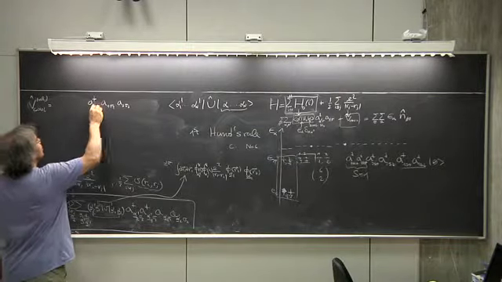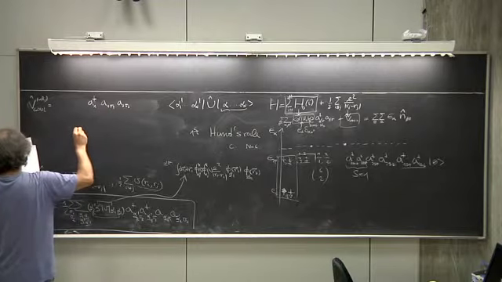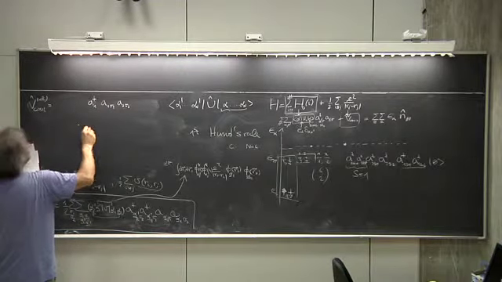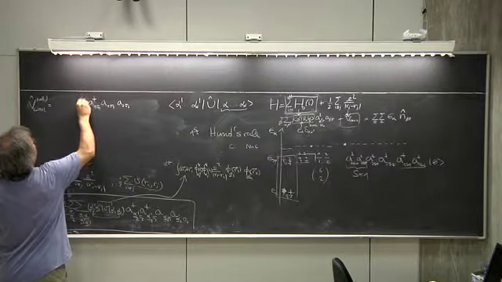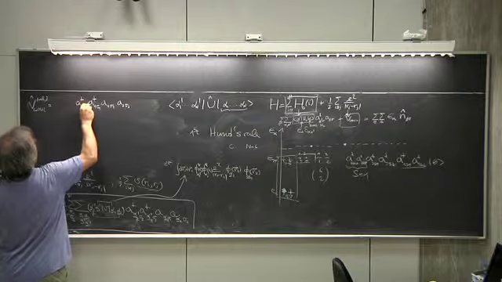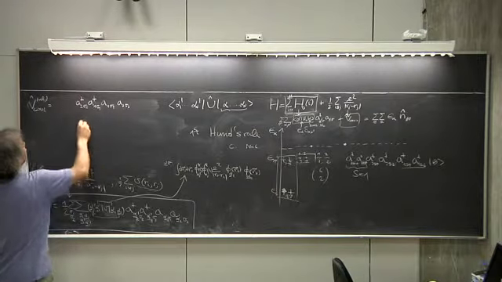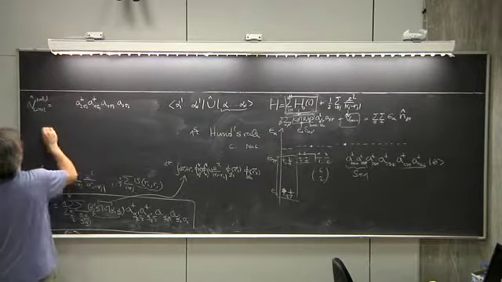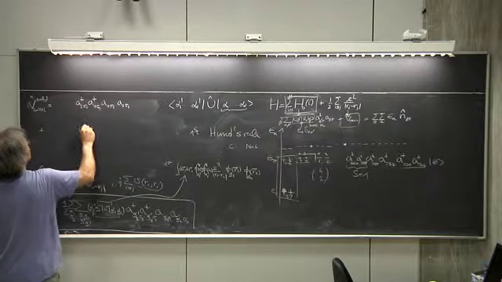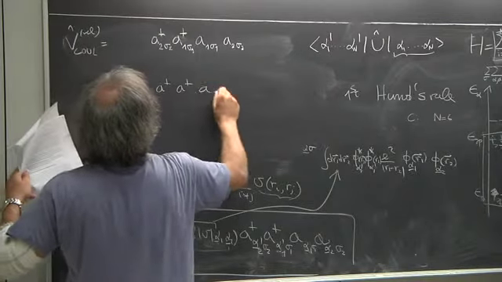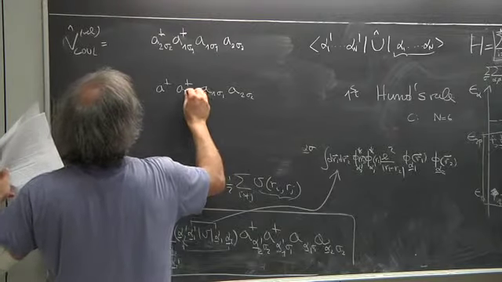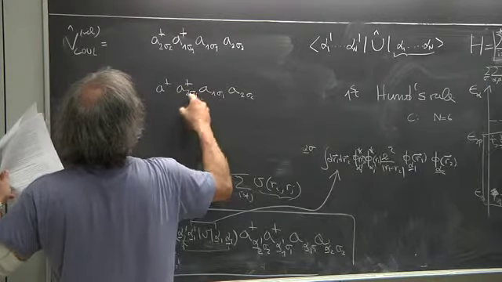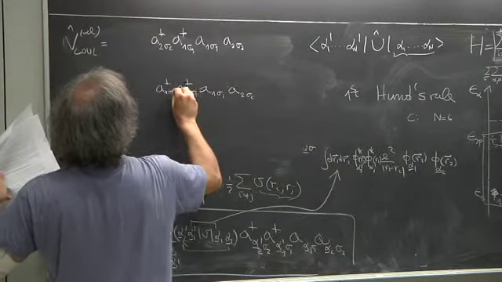I can just create this in 1 again, and I create this in 2, or the opposite. So there is another piece that is A dagger, A, so 1 sigma 1, 2 sigma 2, and I create in the opposite way: 2 sigma 1 and 1 sigma 2.